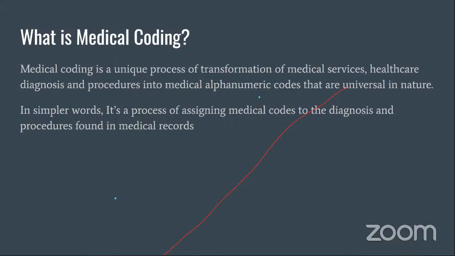As of today, I have trained over 150 candidates, many of whom have become successful coders, working as medical coders, auditors, managers, or in various positions one can hold in the medical billing and coding field.